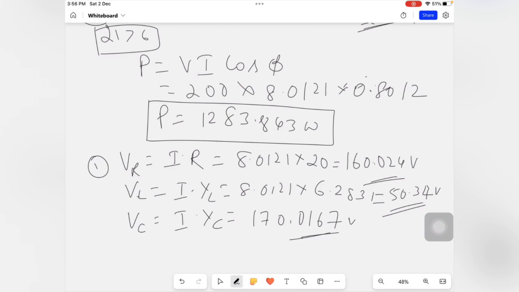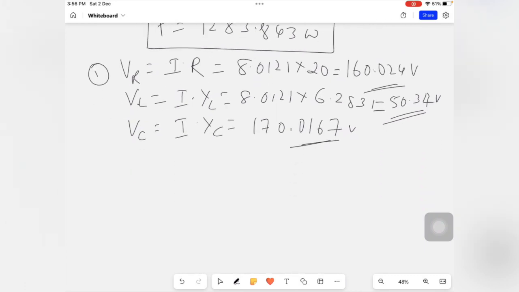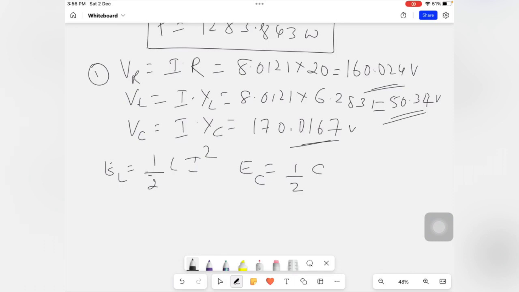Similarly also we can calculate the energy stored in inductor and capacitor. Energy stored in the inductor is given by EL, that is nothing but half into L i square. And energy stored in the capacitor is EC, half into C into Vc square.